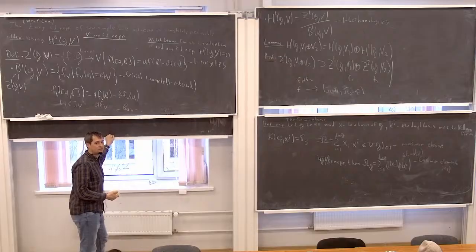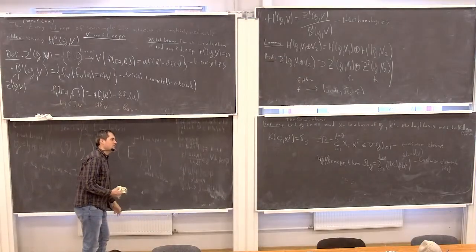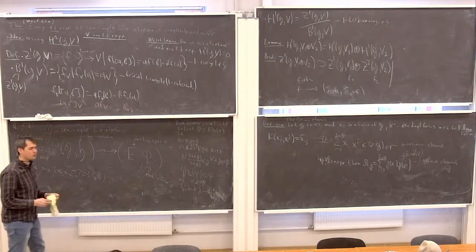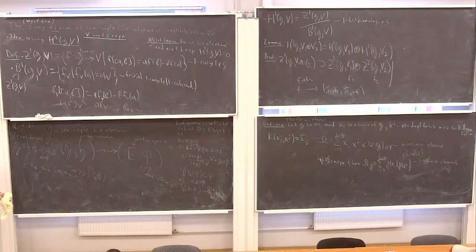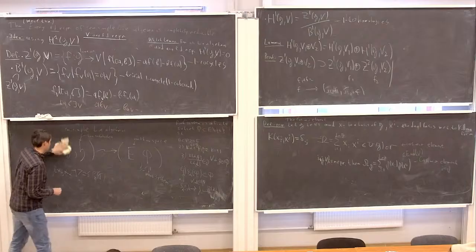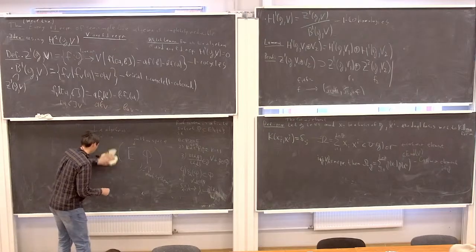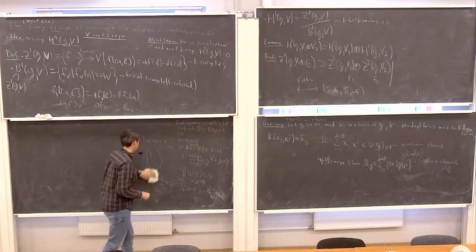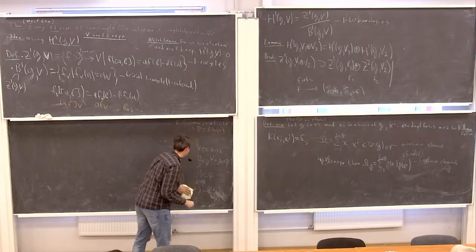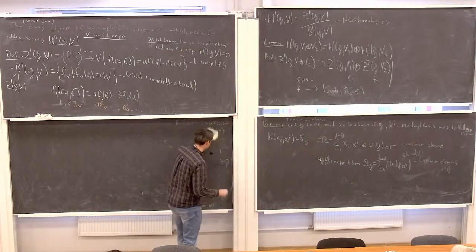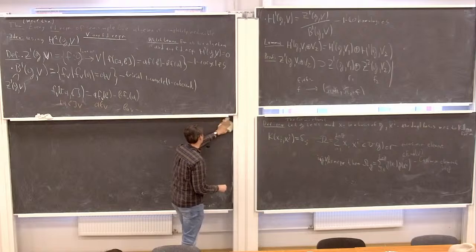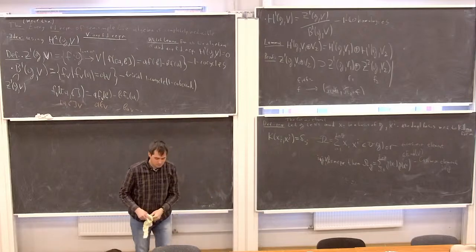There are different ways. In order to give a clever proof, we need to know what is the universal enveloping algebra. But if we don't know this, we can just do it by hands. Let's do it by hands. And then I will say some words about why it's obvious.